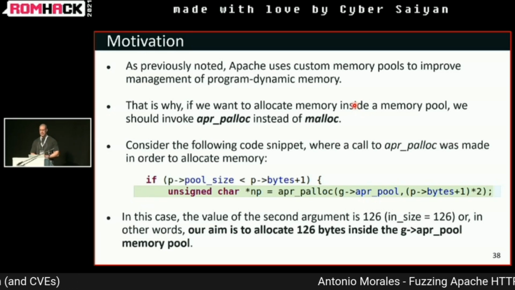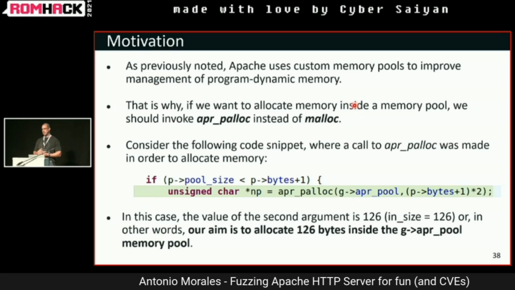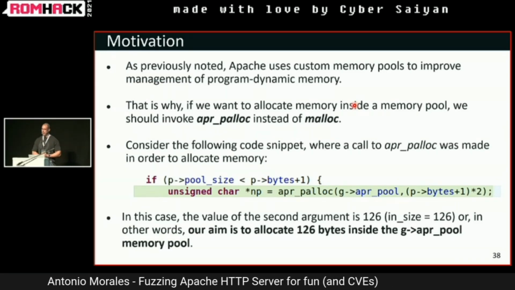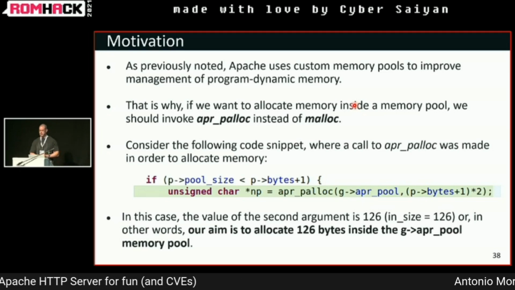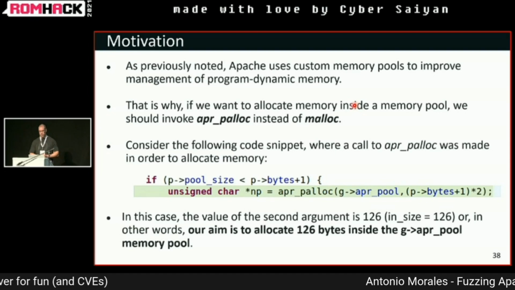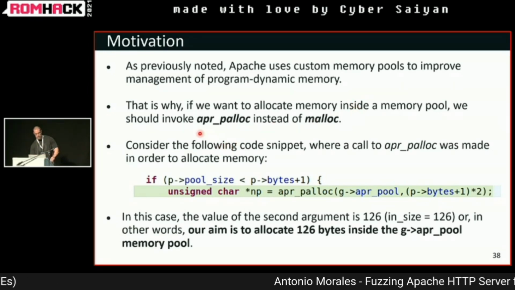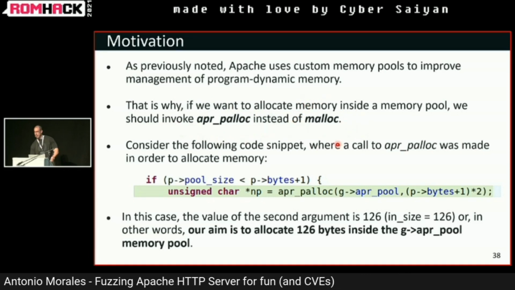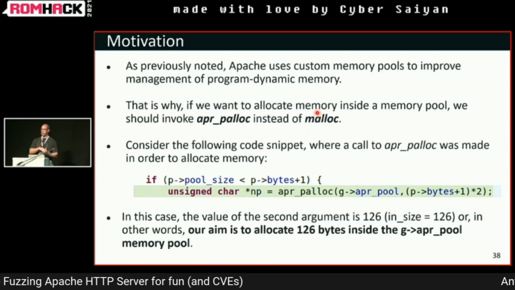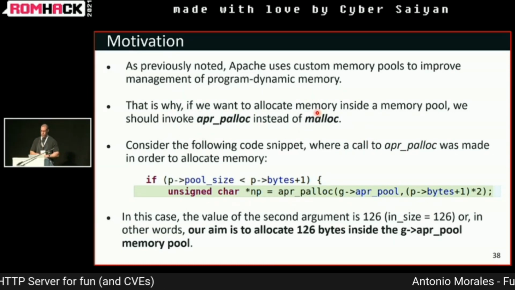For this task, Apache uses the functions that APR, the Apache Portable Runtime, provides. For example, if we want to allocate memory inside the memory pool, we need to use apr_palloc instead of the standard malloc, because we want to allocate memory inside the memory pool.